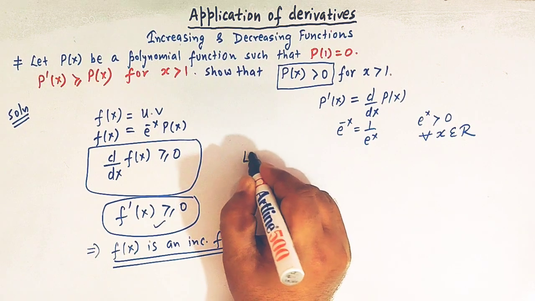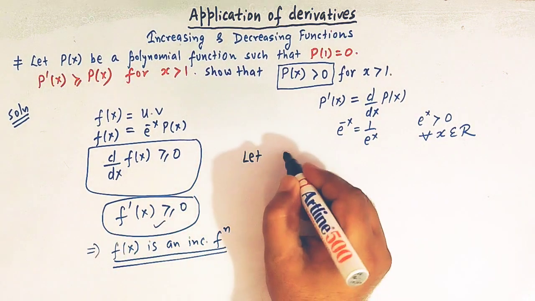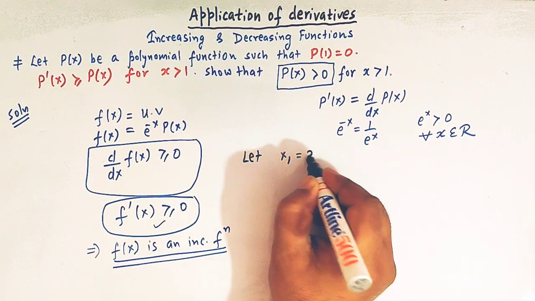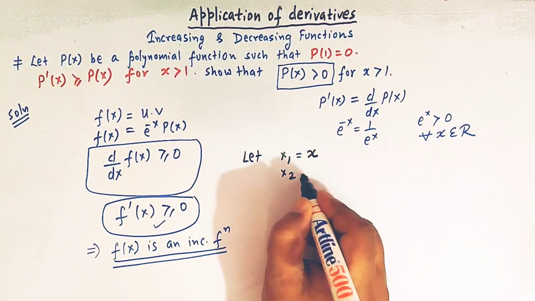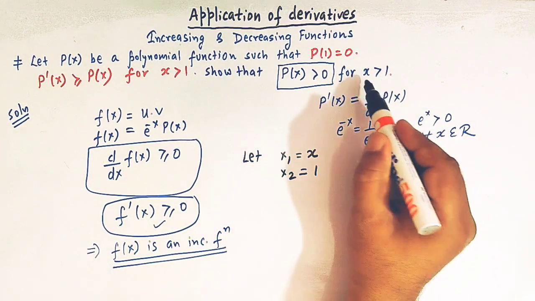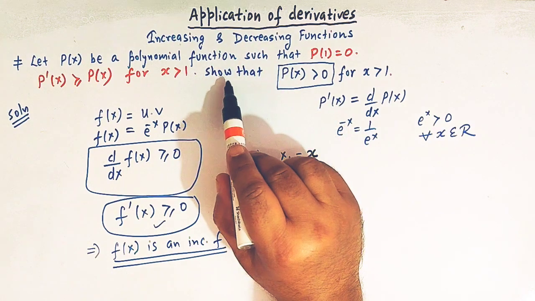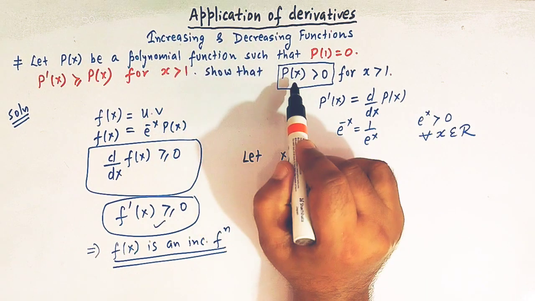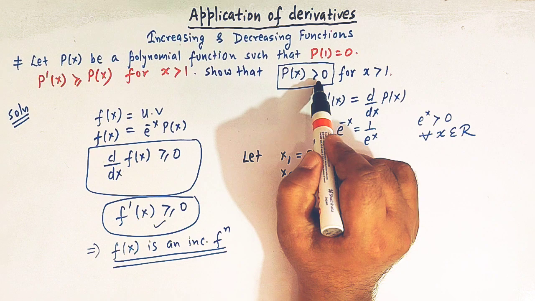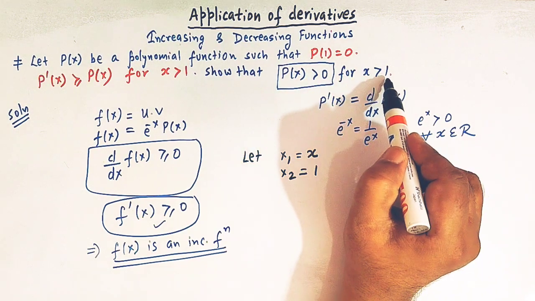Now let us consider 2 points, right? Let us take x1 equal to x and x2 equal to 1, because here we have to show that the polynomial function p of x is greater than 0 for x greater than 1.